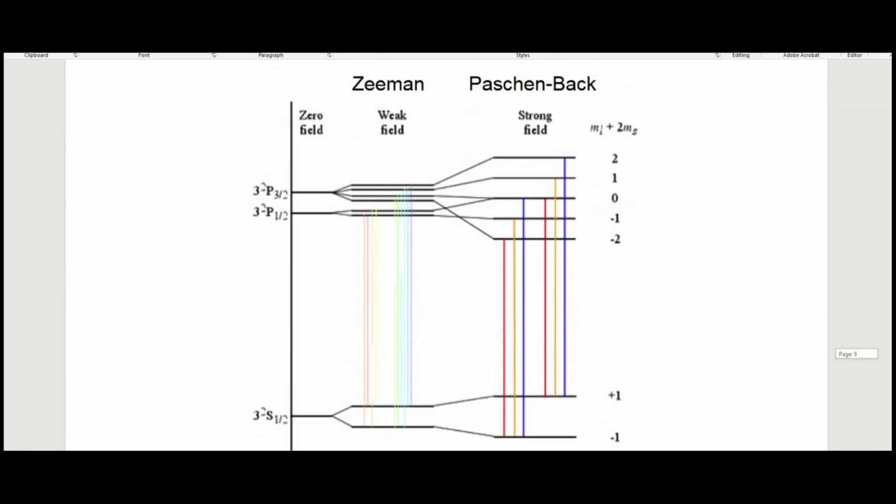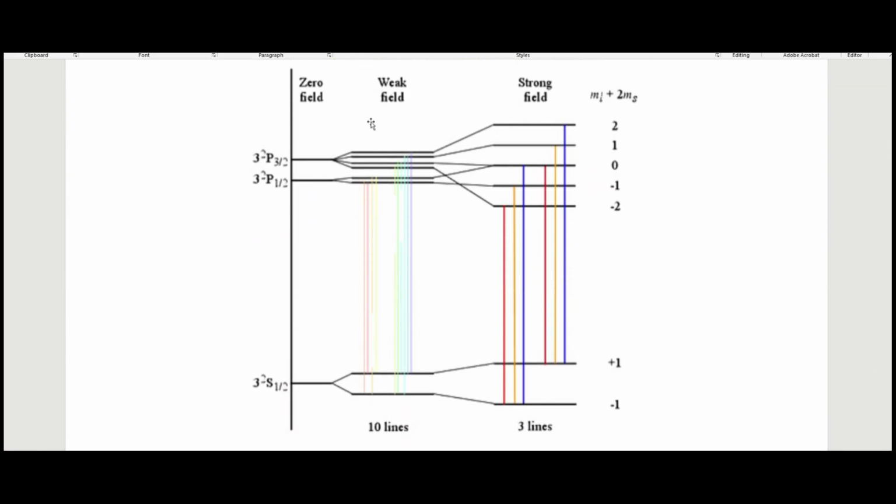And this one is also a nice summary of it, where in the weak field we see this small splitting, but you'll end up with all these different lines, where in the strong field we get this greater splitting, but we end up with fewer lines.